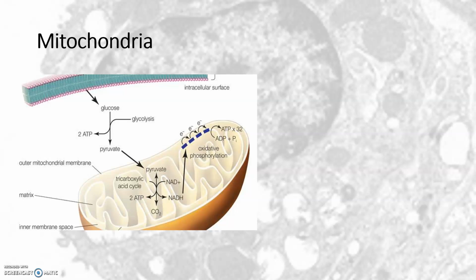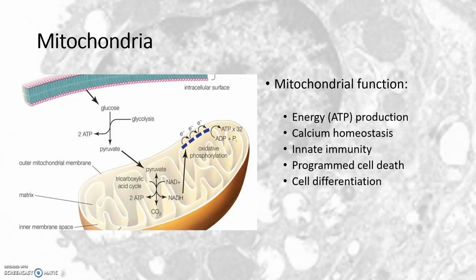So what are the functions of the mitochondria? Mitochondria are key in energy production, and the mitochondrial inner membrane is the site of the Krebs cycle, aerobic respiration, and the electron transfer chain.